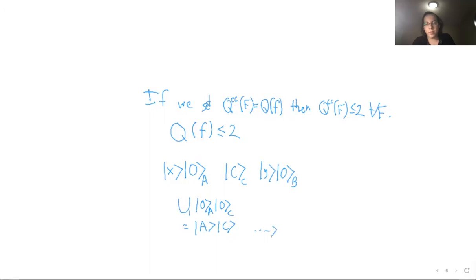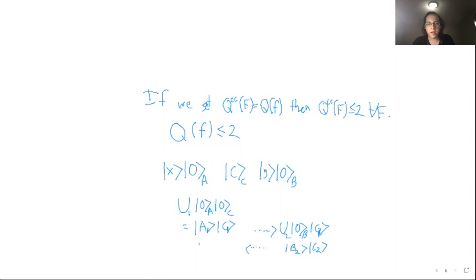And then on Bob's side, Bob receives C, and he applies some unitary U2. Let's call this C1 here, and this will be C2, and we can call this A1 or something. So the result will be some kind of B2, C2, and then C2 gets sent over here.